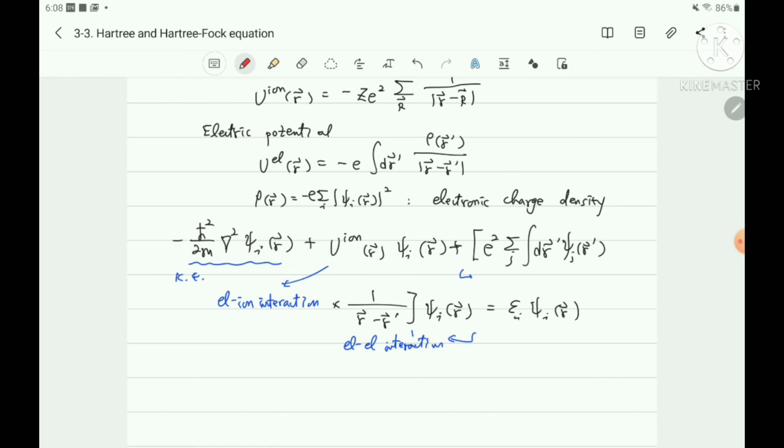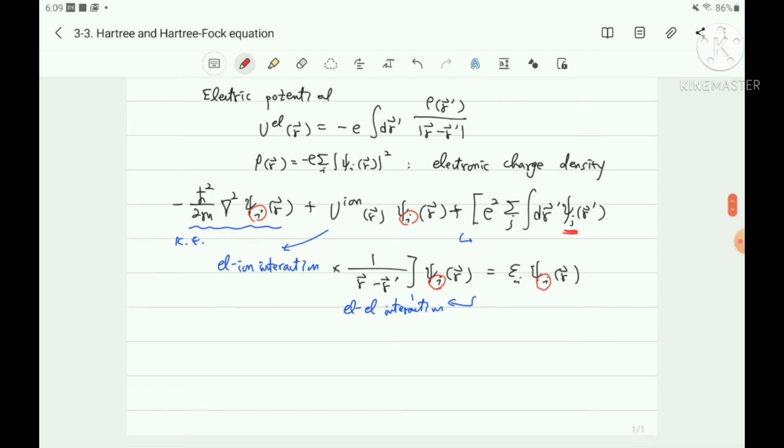Here we should note that psi i is the electronic wave function we are interested in. But in order to calculate, psi j is the other electron's wave function, the counterpart electron interacting with it.